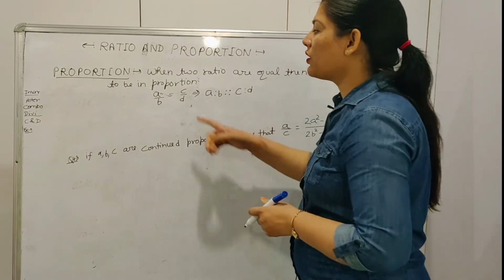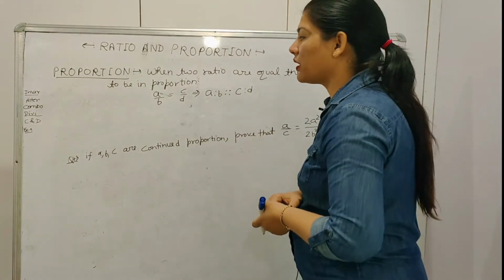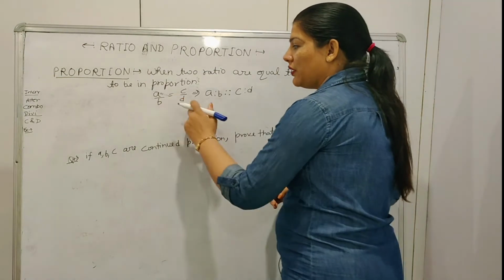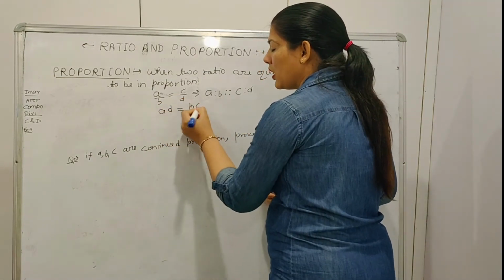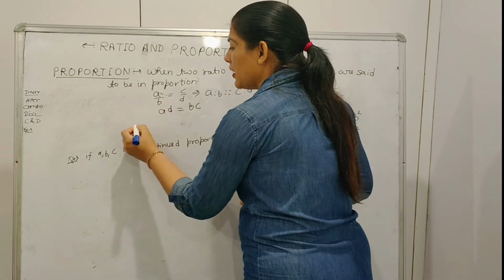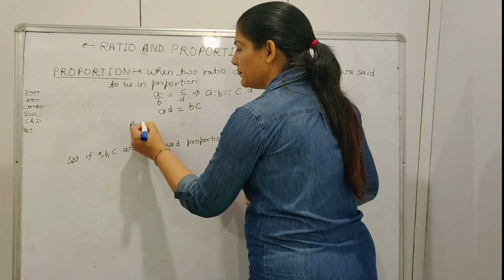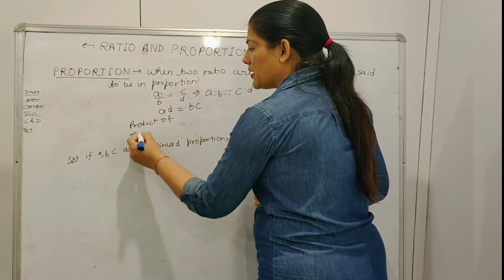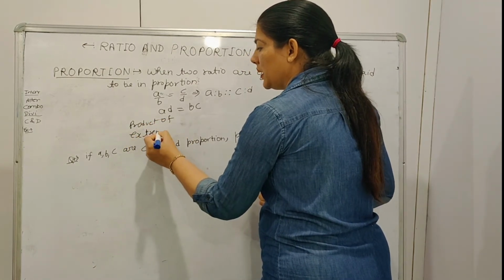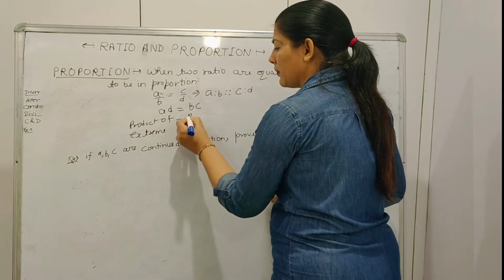So you can find a rule here by the cross product method. From here we have AD equals BC, and you can write it as product of extremes is equal to product of means.